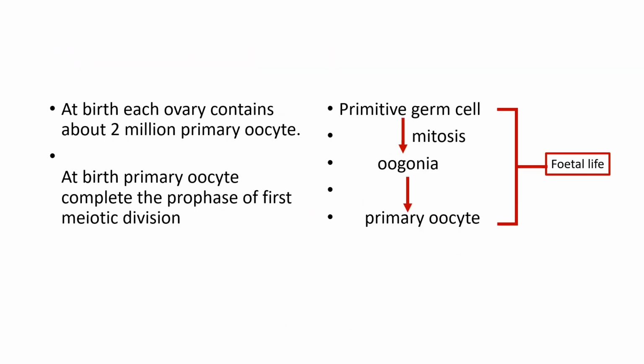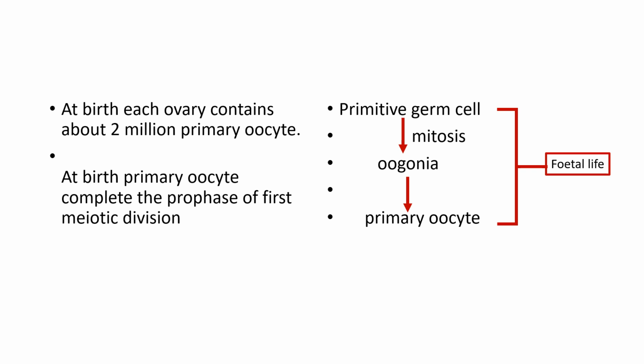When you see the steps of oogenesis, first the primitive germ cell is formed, which undergoes mitotic division and gives oogonia. Then it is converted into primary oocyte. This stage is seen from the fetal life to before puberty.